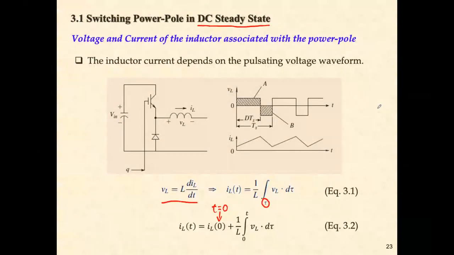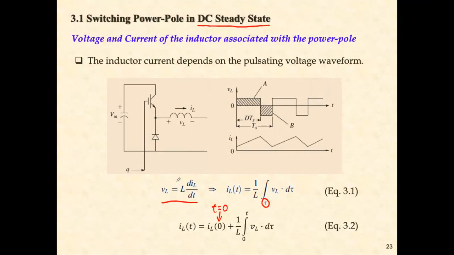Once again, we start from the basic definition of the inductor voltage. Every time we talk about the inductor in this topic, we start with the basic definition of the inductor voltage.